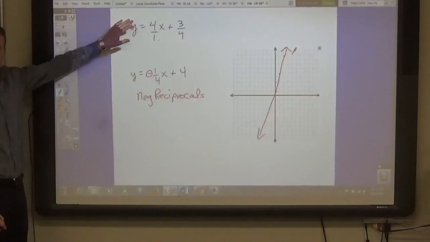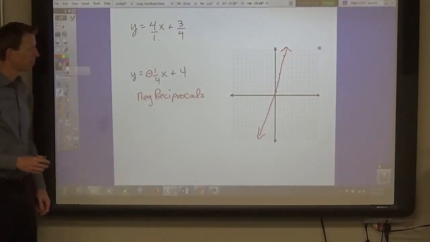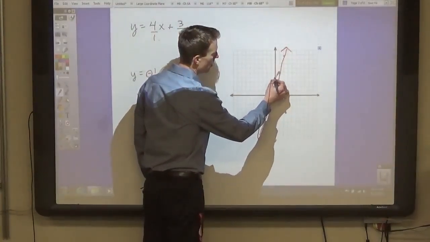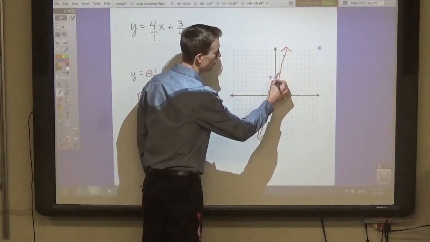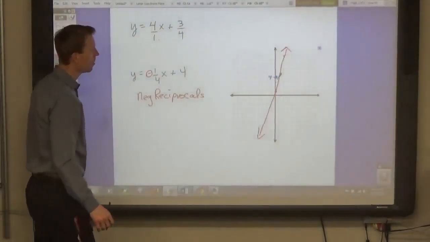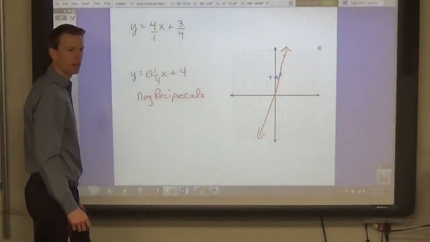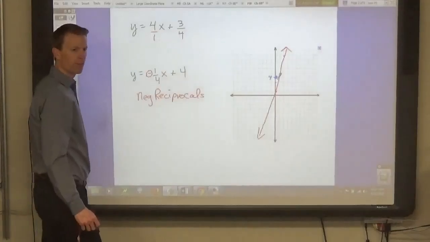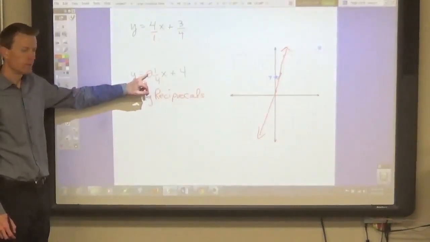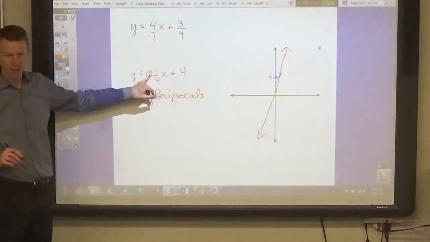That's the first equation. How would you graph the second equation? Start at positive 4. Go up or down first? Rise over run, so it's up or down first.